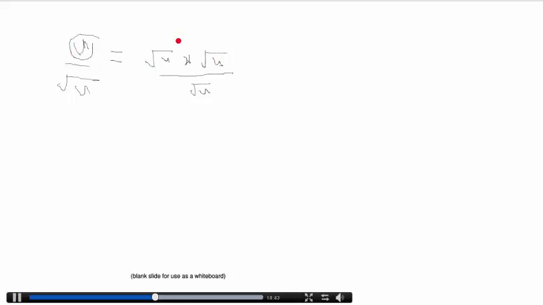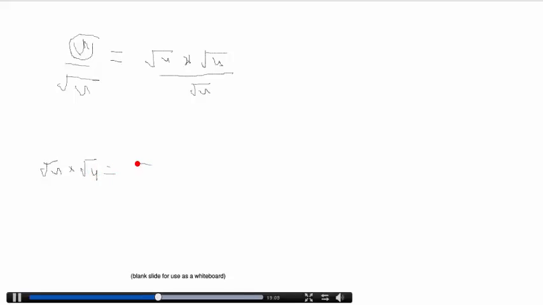Now, this is not a theorem, but basically a simple trick, like having a common denominator, a common numerator. So in this case, you can see it's root u times root u. Let's expand this. What's root u times root u?